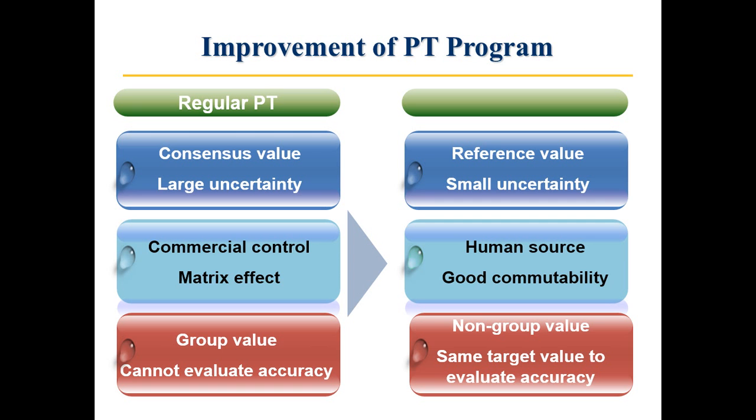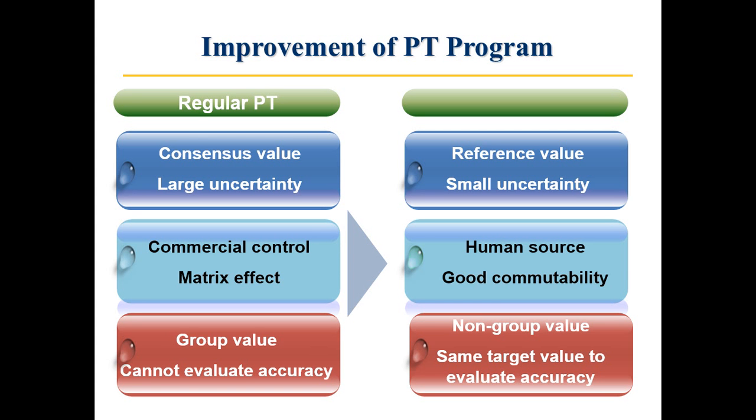PT provider may classify results into groups. The most common method is to use the consensus value from participants, median, or mean. This is limited by the number of participants, commutability, grouping factors, and so on, which leads to increased uncertainty and imprecision between groups.